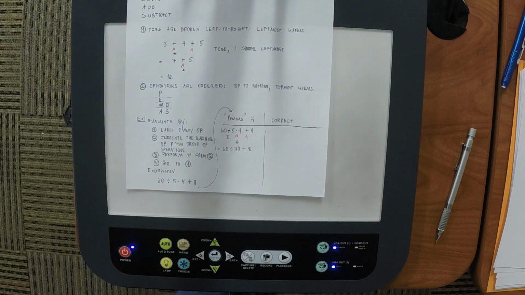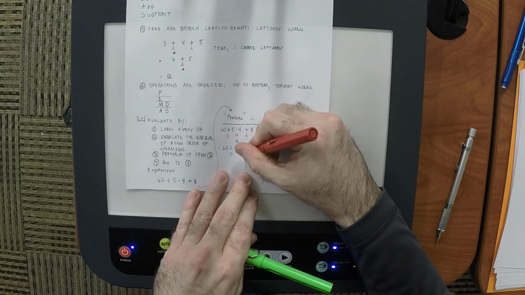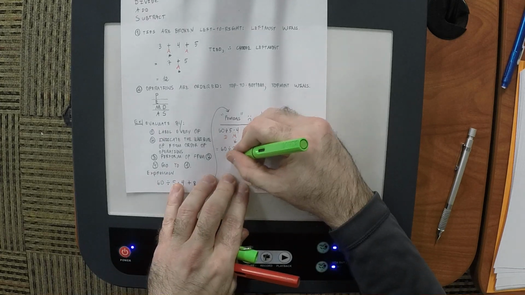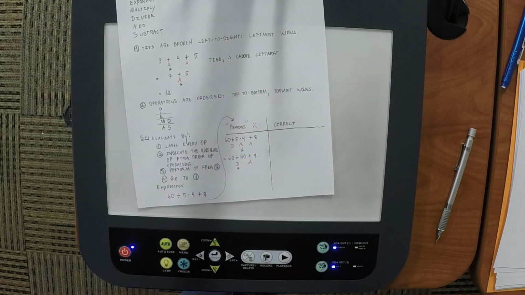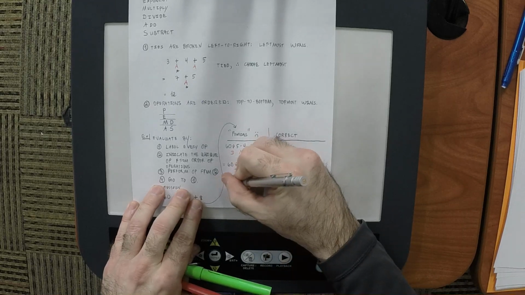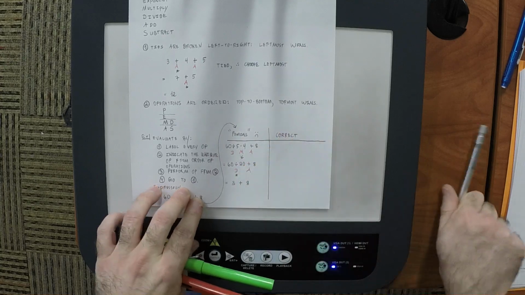Okay, so now again we label. So we have divide, add. And in PEMDAS, which one do we select? The divide. Okay, 60 divided by 20 is 3. So this would be 3 add 8.